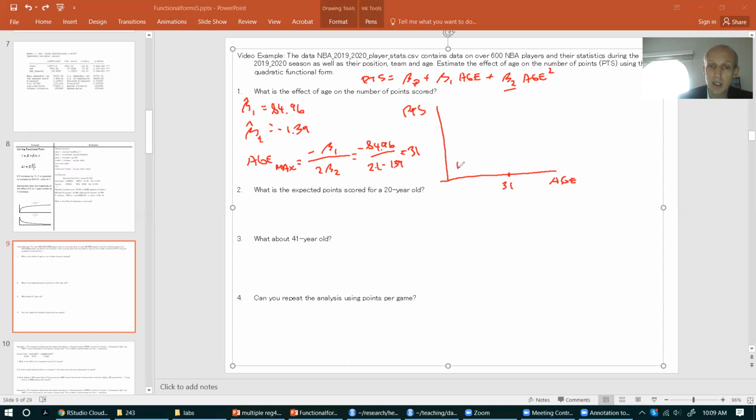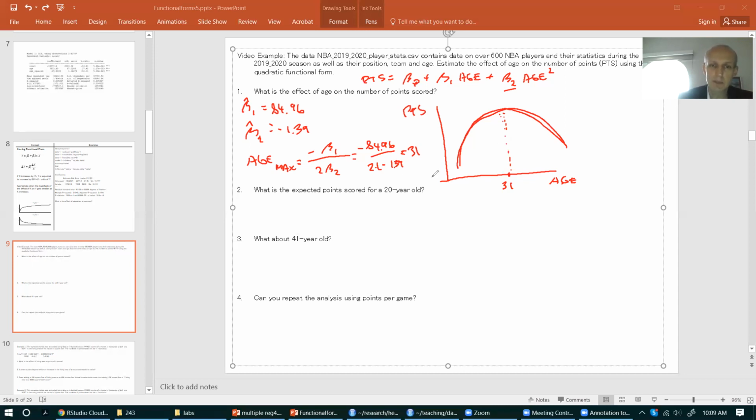So the relationship between age and athletic performance measured by the number of points is quadratic here. And it's such that at first, as you get older, you get better and better, but then after reaching the age of 31, your athletic performance in terms of number of points starts to decline.